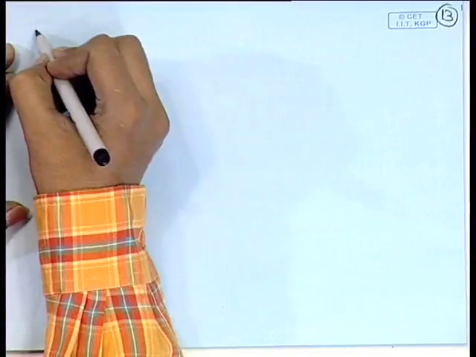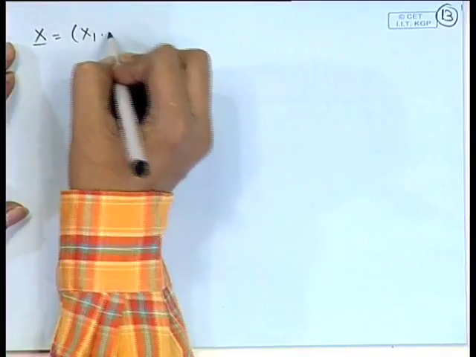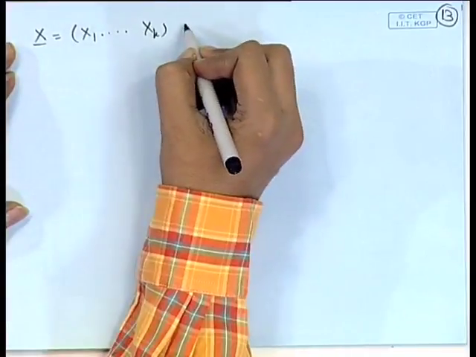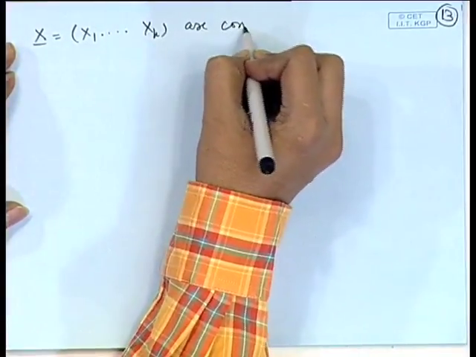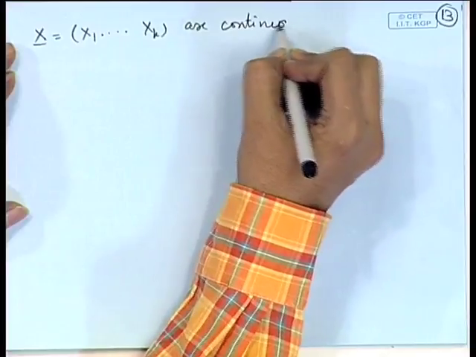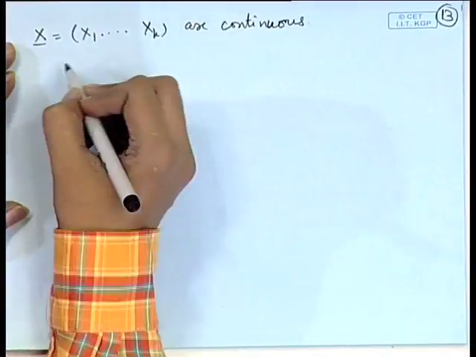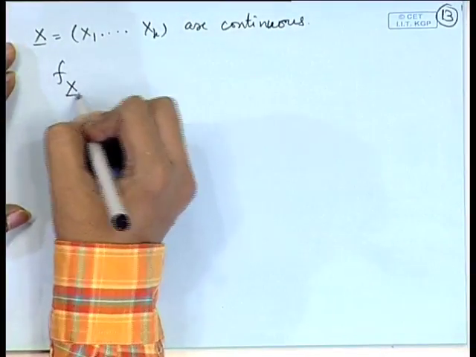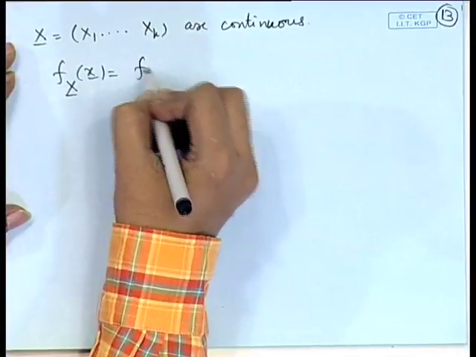In a similar way, we may talk about the case when all of the X i's are continuous. In this case, we will have a joint probability density function.